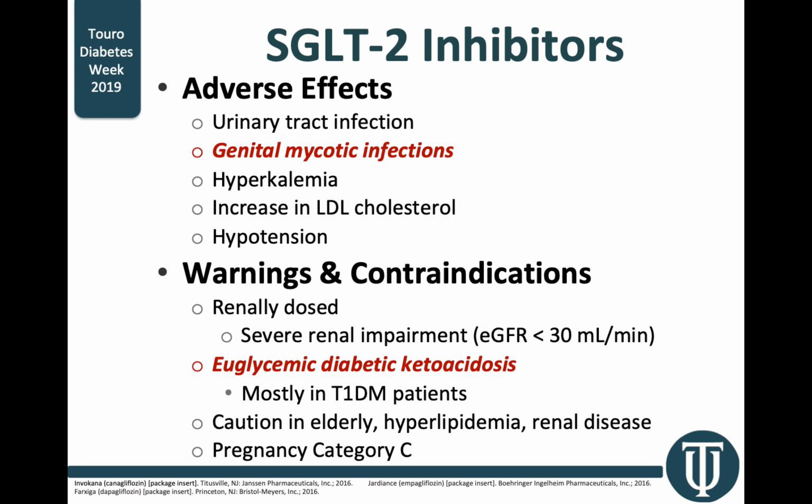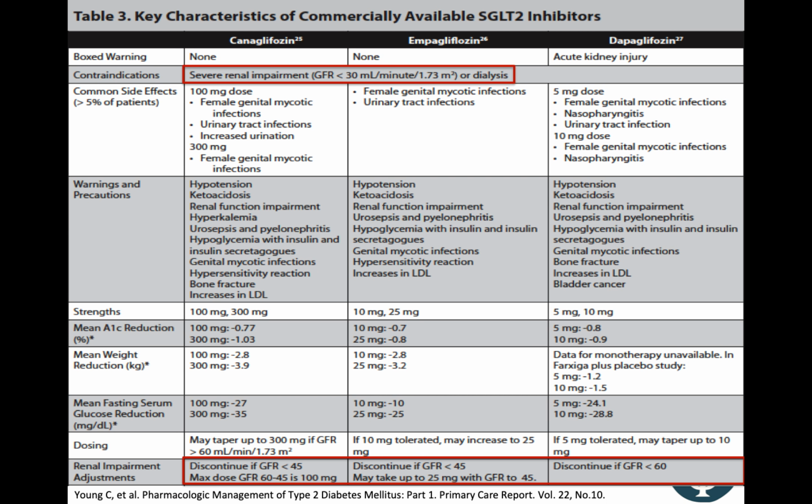We need to be more careful in the older population, and also for those who have hyperlipidemia, and whose renal function is not that well. So this is a summary table, with just the important thing about renal function.